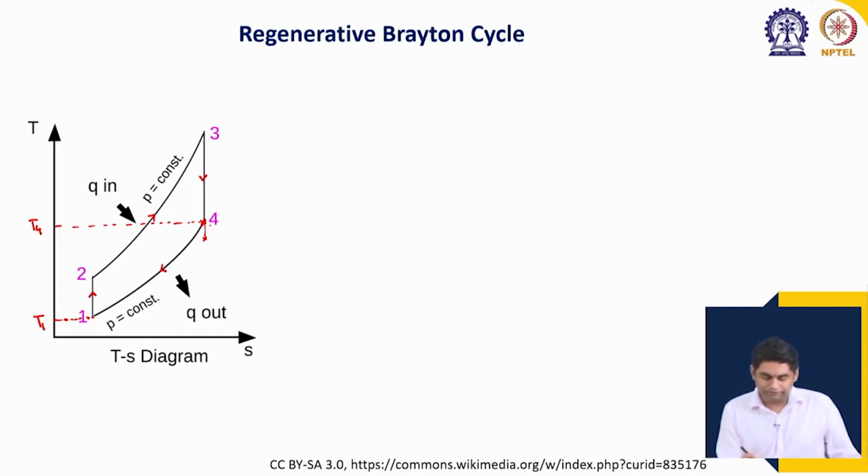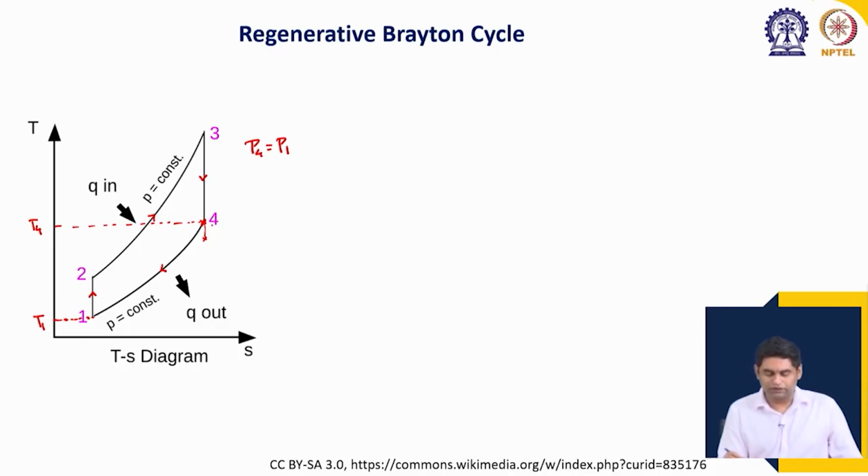So, P4 has to be equal to P1, which means that the value of T4 automatically gets fixed based on T1, T3 and the pressure ratio. So, this amount of energy then gets wasted.